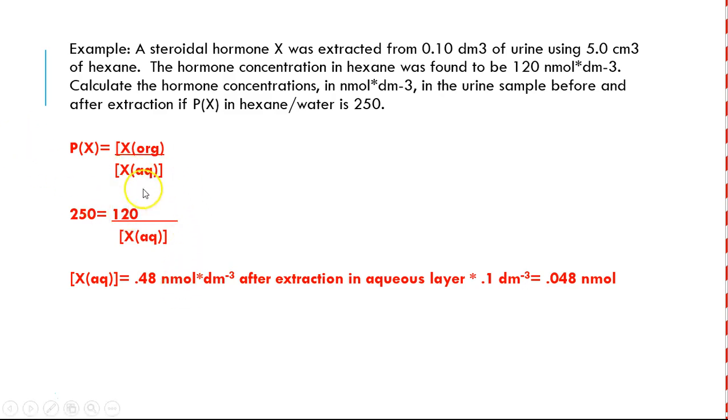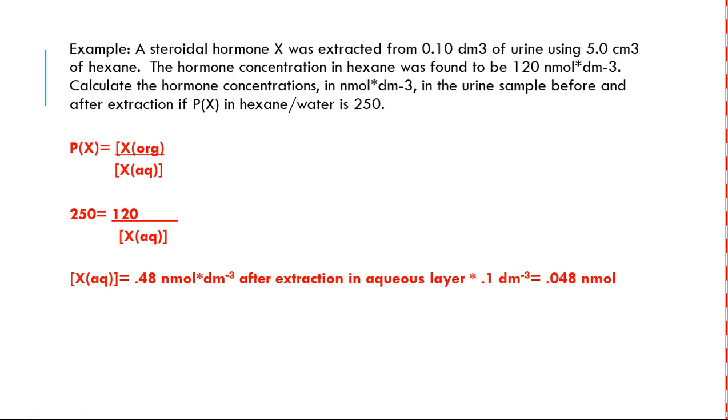So what's the concentration in the organic layer? What's the concentration in the aqueous layer? So we just figured out the concentration in the aqueous layer, and now we need to figure out the total moles of this hormone. So the aqueous layer was the urine, so it's 0.1 decimeter cubed. So we can multiply by 0.1 decimeters cubed to get the number of nanomoles in the aqueous layer.